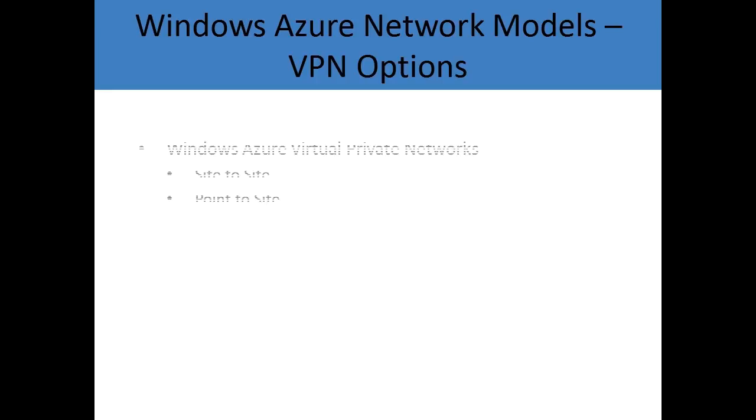Now, one final point with respect to that, we have the two options of site-to-site and point-to-site, but as of the time of this recording, the point-to-site feature is in preview mode, which basically means that it's not completed yet. So keep an eye out for any changes that might come along with respect to configuration options for point-to-site connections and some of the features and options that are available.